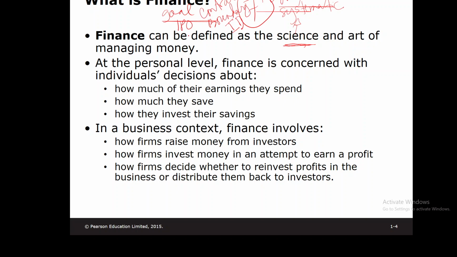Now, in finance, what's our goal? The goal would be maximization of shareholders' wealth. And for each topic that we're going to discuss, you are going to have input, process, output with regards to the specific area in finance, depending on who is involved.